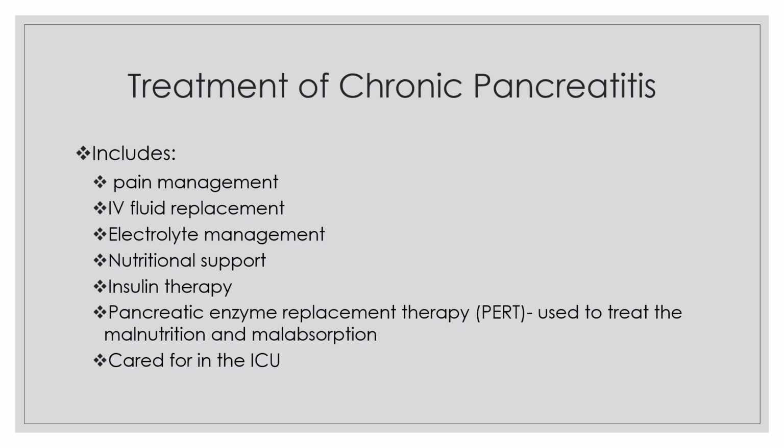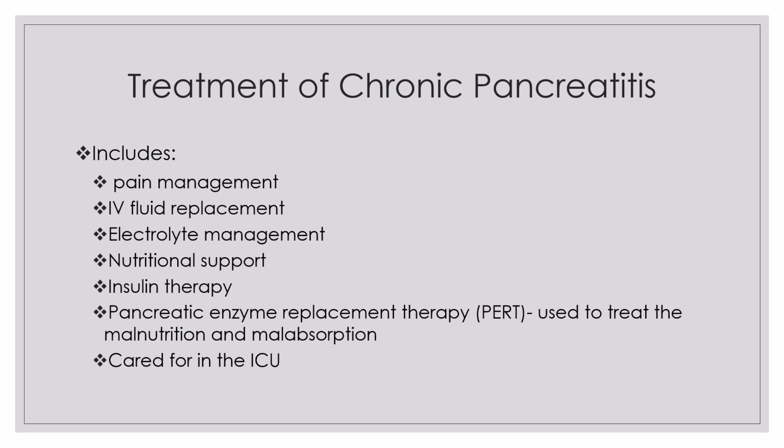So the treatment of chronic pancreatitis will include pain management, IV fluid replacement, electrolyte management, nutritional support, insulin therapy, and then pancreatic enzyme replacement therapy, otherwise known as PERT. And these are used to treat the malnutrition and the malabsorption.